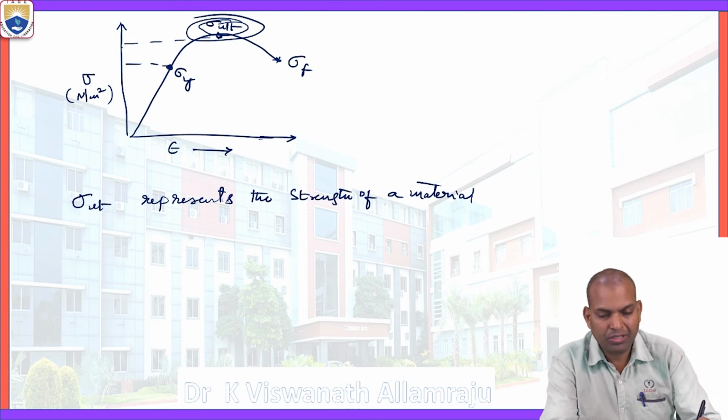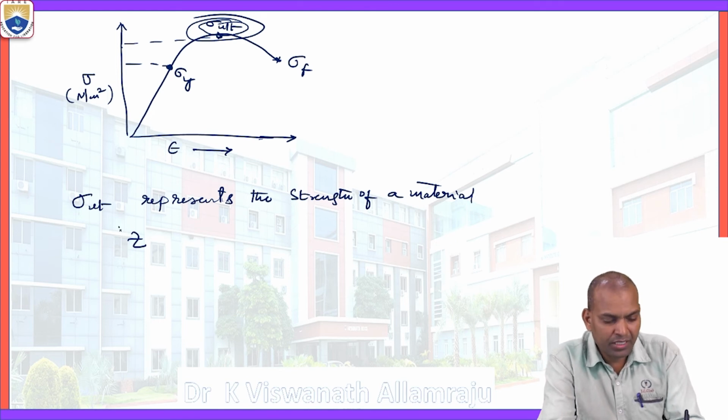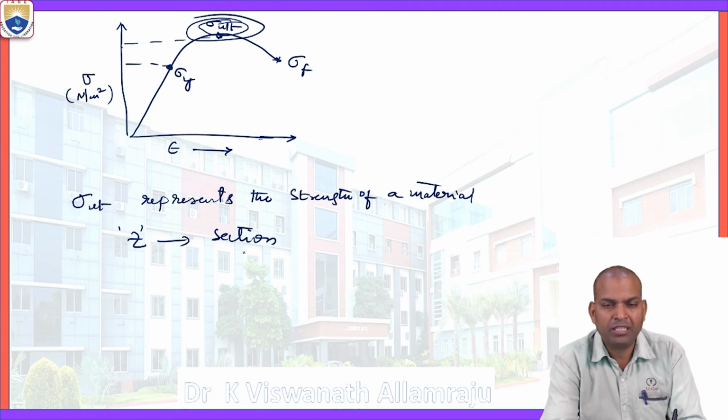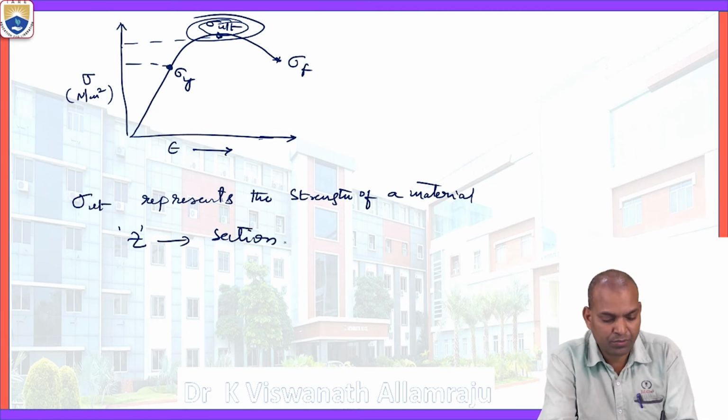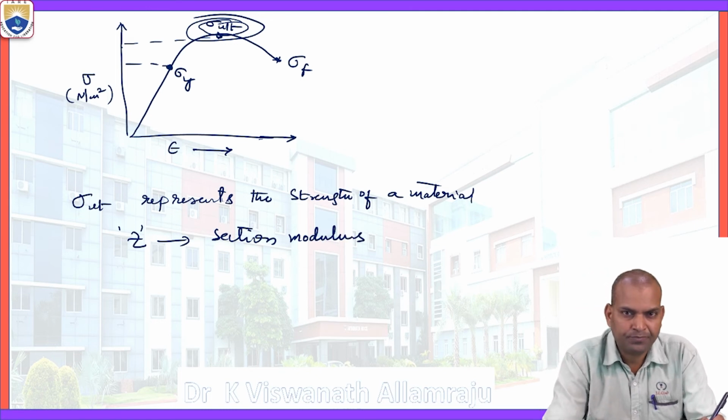Here, why is it correlating? Because the section modulus represents the strength of a material. In this context, when the bending moment is high, that means the section modulus becomes high. When the section modulus becomes high, it represents the strength of a material.